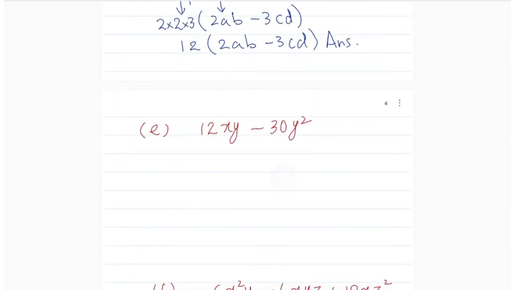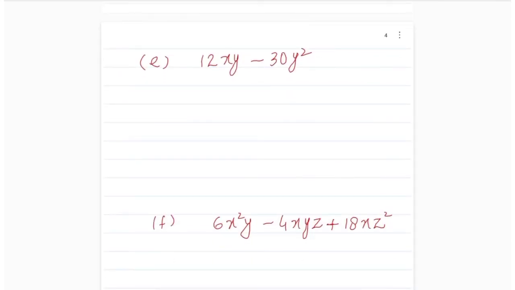Now, extending this to the variable, you can see here the number is 12xy minus 30y square. Rather than writing y square, we'll be writing this as 30y times y. The purpose for writing this is to make it simplify after cancellation. So we'll be learning further how it is beneficial for us.